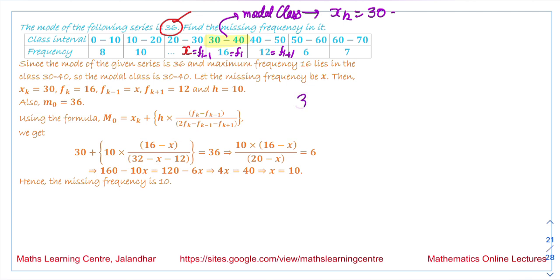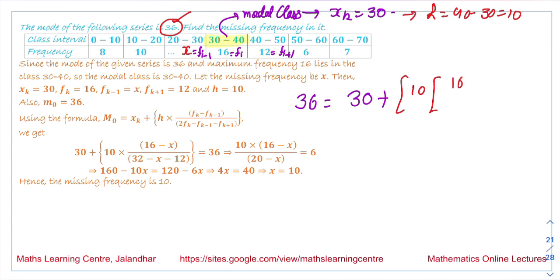So the mode is 36, and the formula for mode is 30 plus h. The value of h is 40 minus 30, which is 10. So it is 10 into the value of fi, 16, minus fi minus 1, x, over 2 into 16 minus x minus 12.